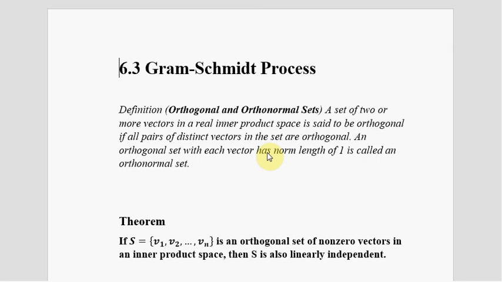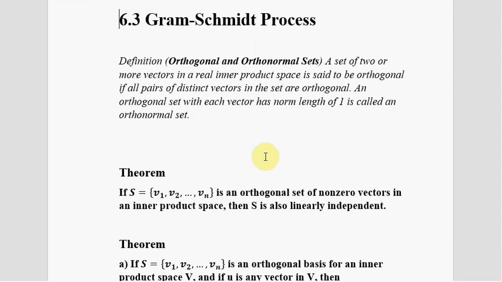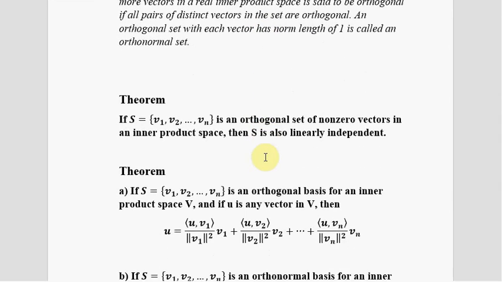What I'm going to do is talk about the theorem and then give the projection theorem and then try to illustrate it so that you understand in the second theorem here how U is produced.